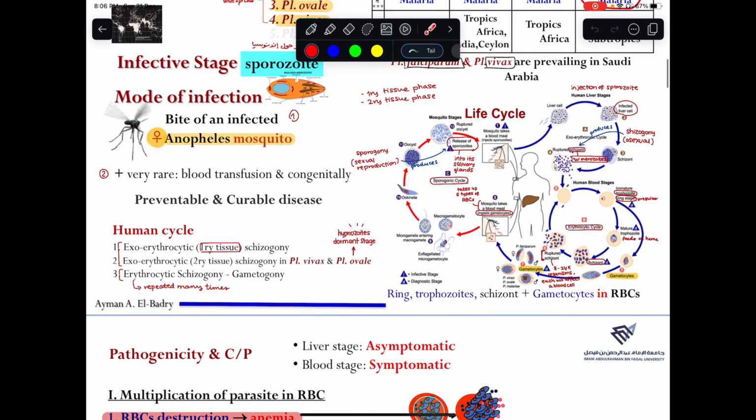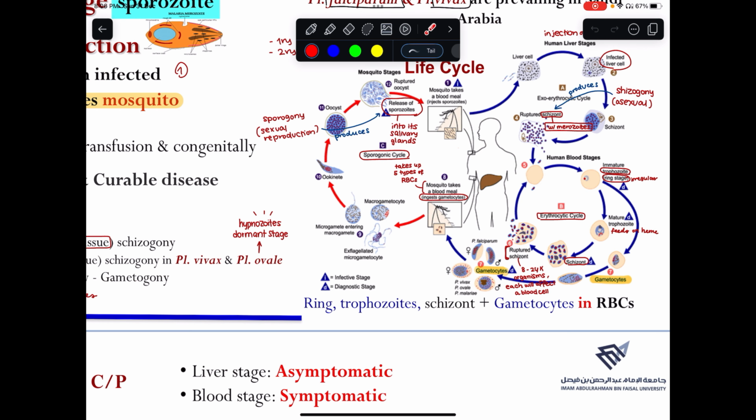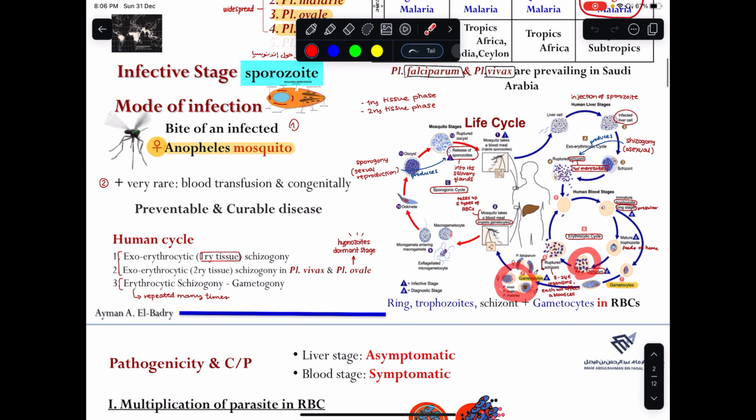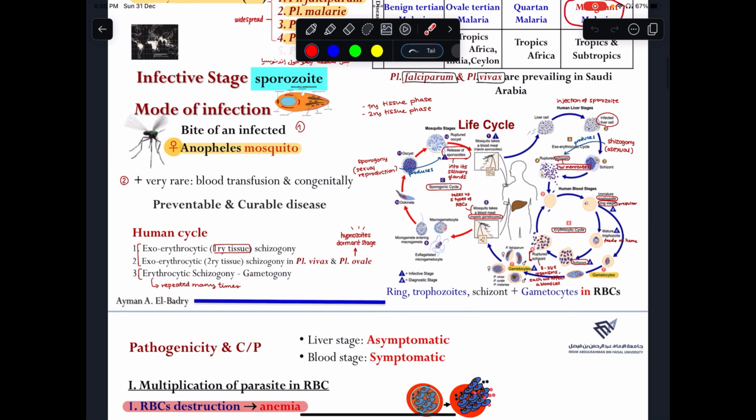So our stages: exoerythrocytic primary tissue, exoerythrocytic secondary tissue, and erythrocytic schizogony or gametogony. Here's our, where is it? Either schizogony or gametogony. And this is our erythrocytic cycle. And again, we have our sporogonic cycle, which occurs inside the mosquito itself.